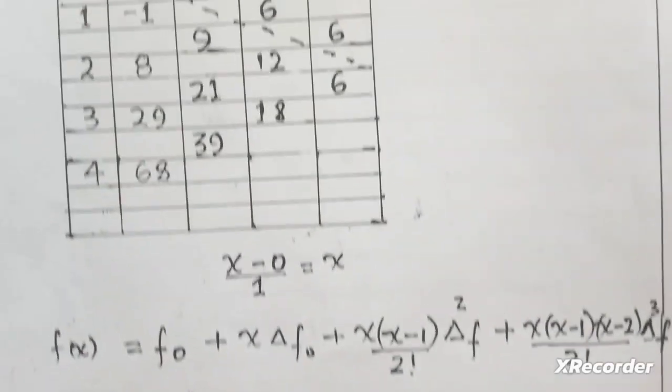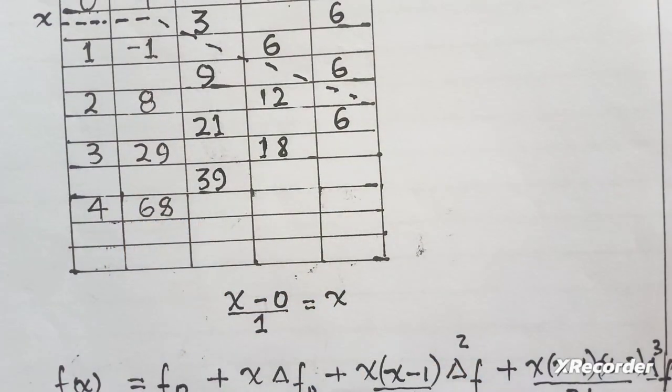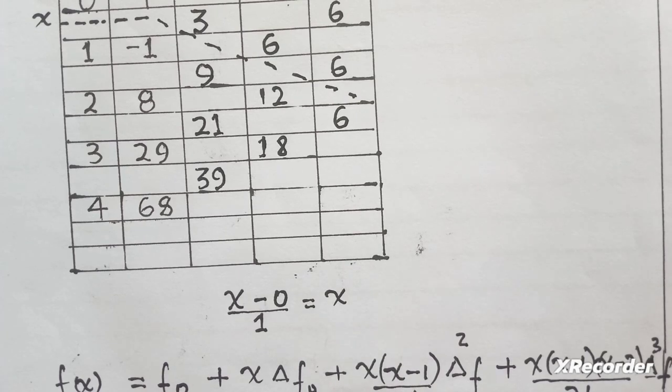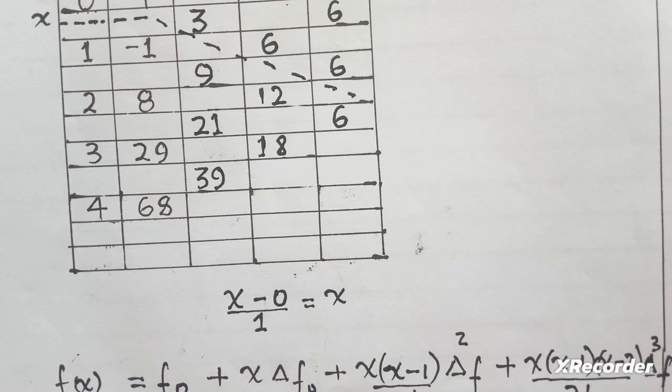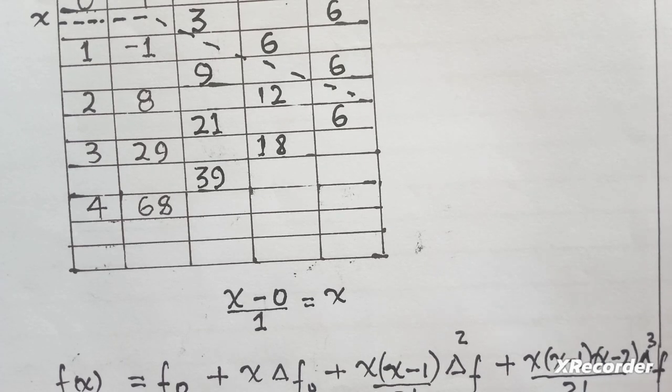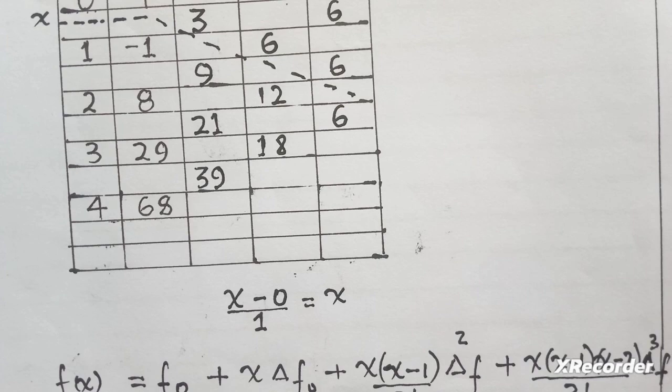So we write 3, plus x times x minus 1, all over 2 factorial, and our difference here is supposed to be 6, plus x times x minus 1 times x minus 2, then here we have 3 as our difference, then we have 6 there.